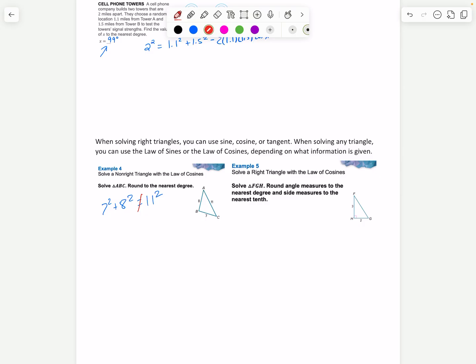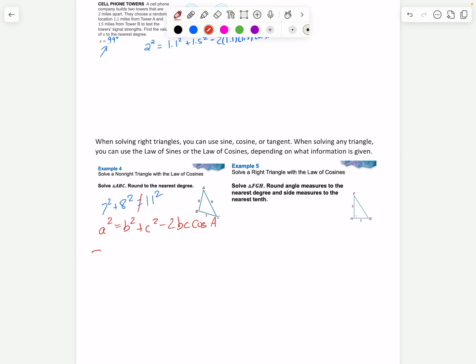So the way we're going to do that is we're going to use our formula, a squared equals b squared plus c squared minus 2bc cosine a. So we're going to look for this first angle measure. We got to find 2 of the angle measures, and then we can subtract from 180 to know the third, right?